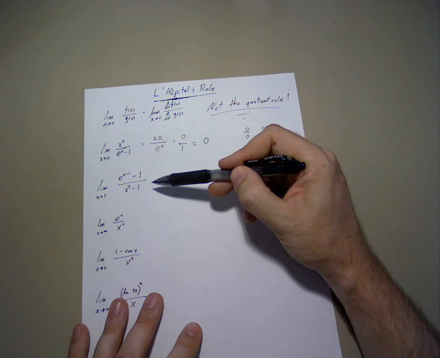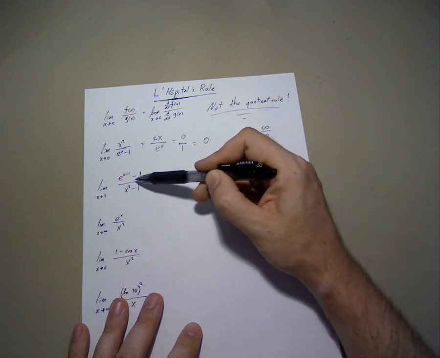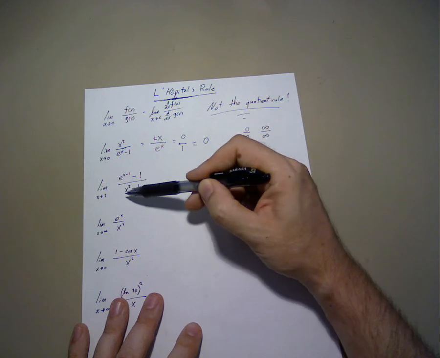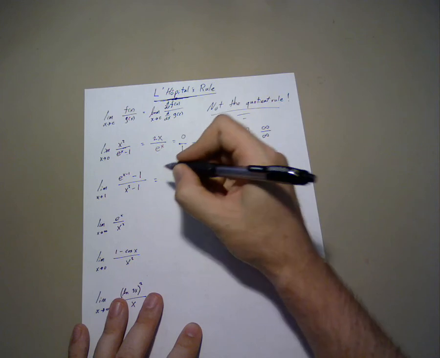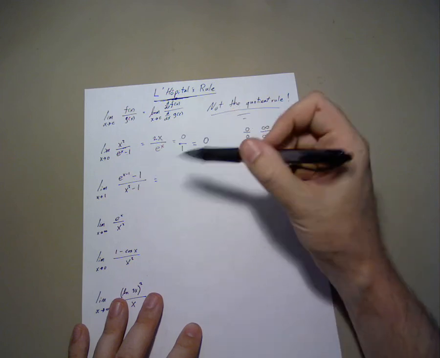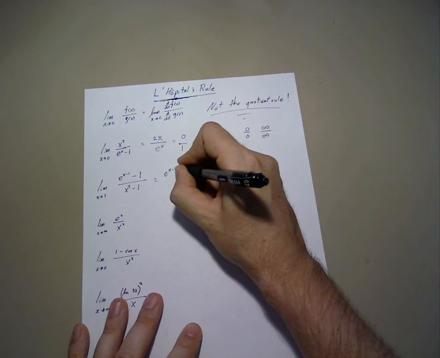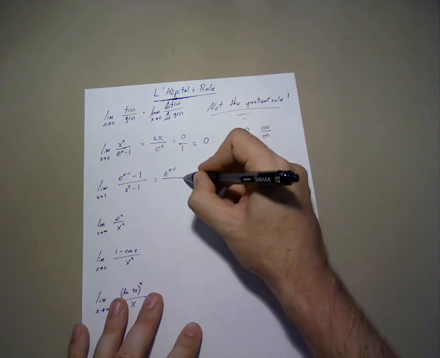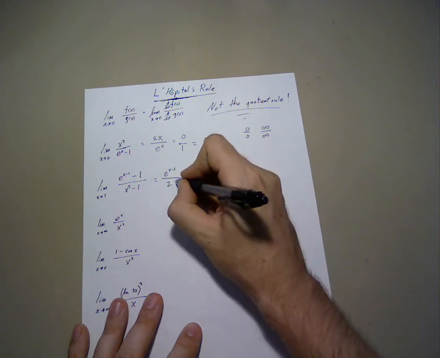Another similar example is given by e to the x minus 1 over x squared minus 1. If we evaluate this, the derivative of the top is e to the x over the derivative of the bottom, which is 2x.